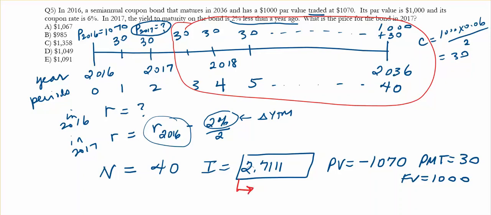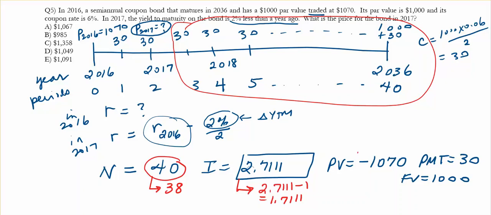We know from here that the 6-month rate will go down to 1.711%. We also know that there's 2 periods less to maturity. There's 38 periods left.